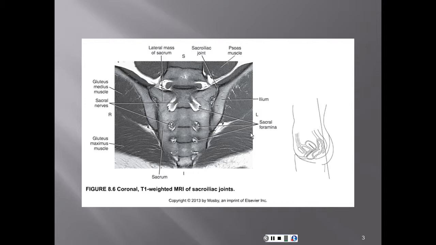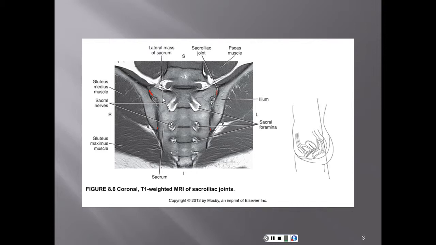Coronal T1 weighted MRI image of the sacroiliac joints. Coming down here, coming down there, and this stretches all the way through there. That's the bottom edge of the SI joint. So here we want to identify the sacral mass, the sacrolateral mass, the sacral foramina.